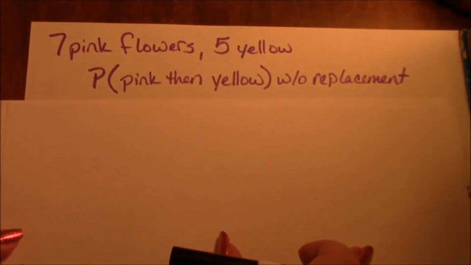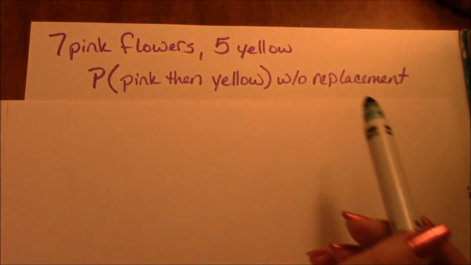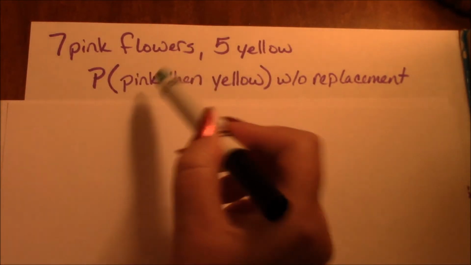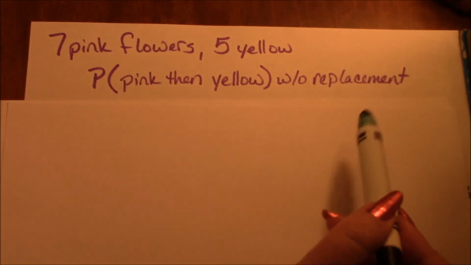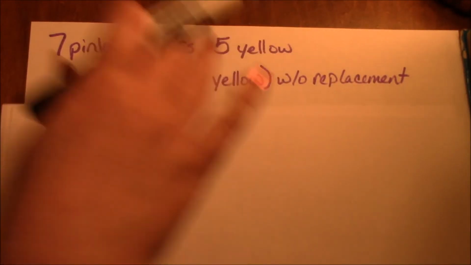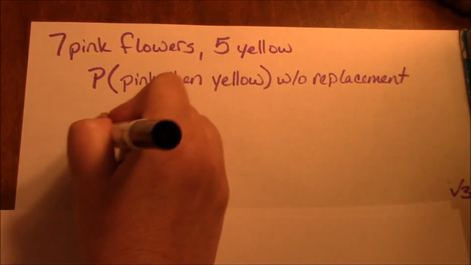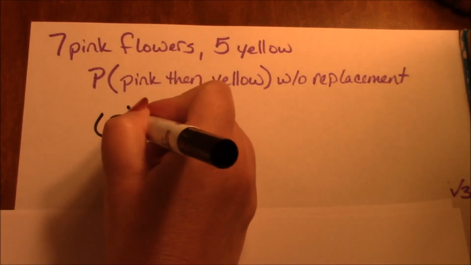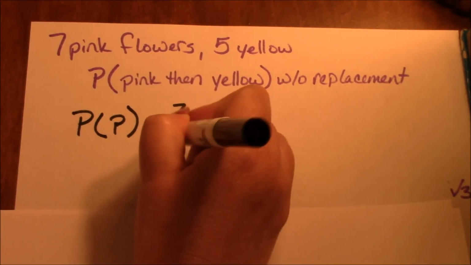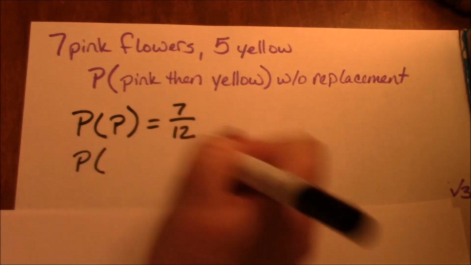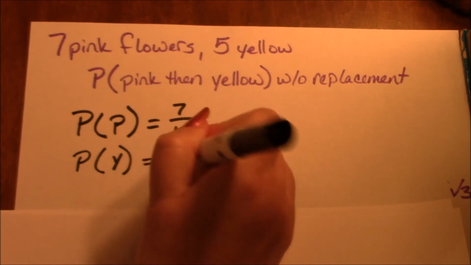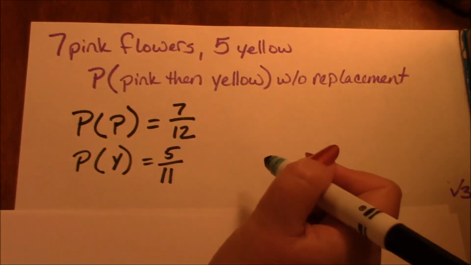Let's try one more of these together. Let's say I've got 7 pink flowers and 5 yellow flowers. What is the probability that I will pull a pink flower and then a yellow flower, but keep them both? So I am going to find the probability of pink. Probability of pink is going to be 7 over 12, and the probability of yellow is going to be 5 over, and there are now only 11 left.